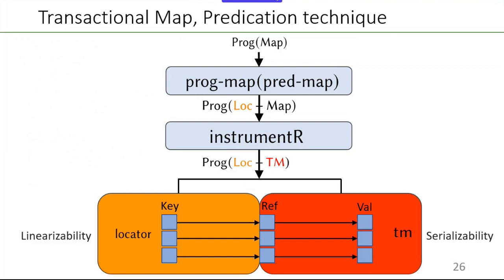So now we get the program of type prog of loc union TM, the union of the locator interface plus the TM protocol interface, right? So that TM is the interface of the transaction protocol. Great, that's exactly what the horizontal composition of these two objects provides. That's the interface that we get at the bottom. So these things can compose on top of each other.